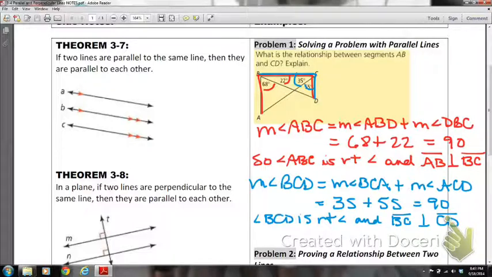So we can conclude that segment AB is parallel to segment CD because both are perpendicular to BC.